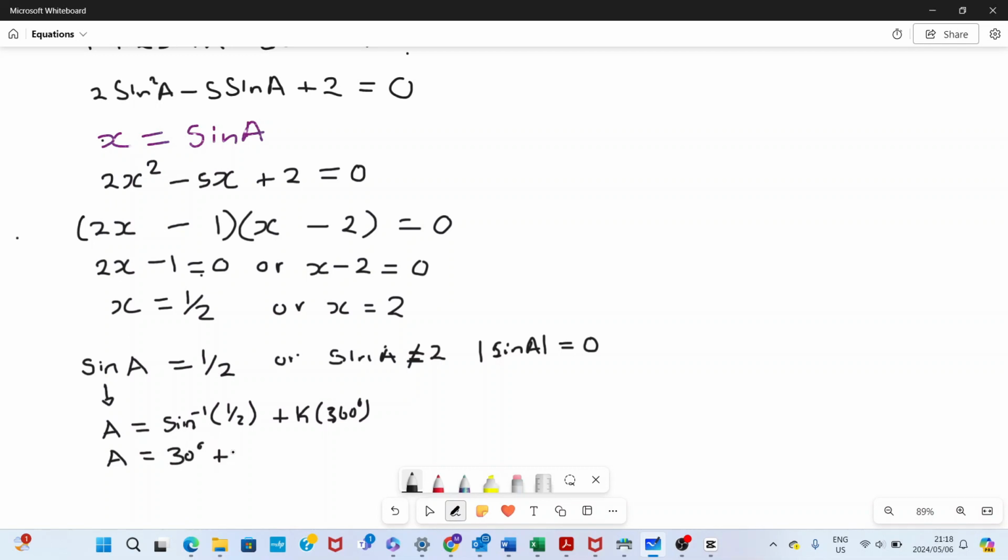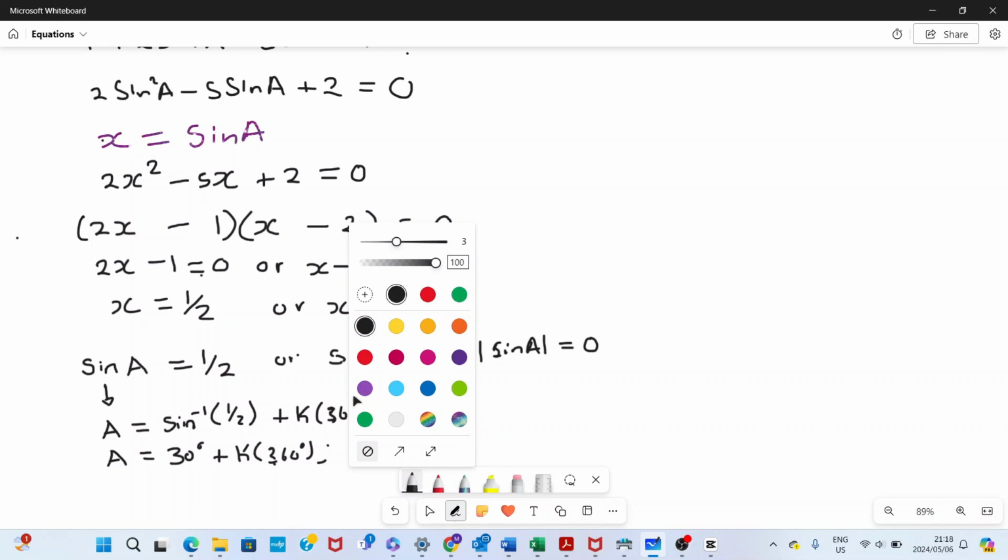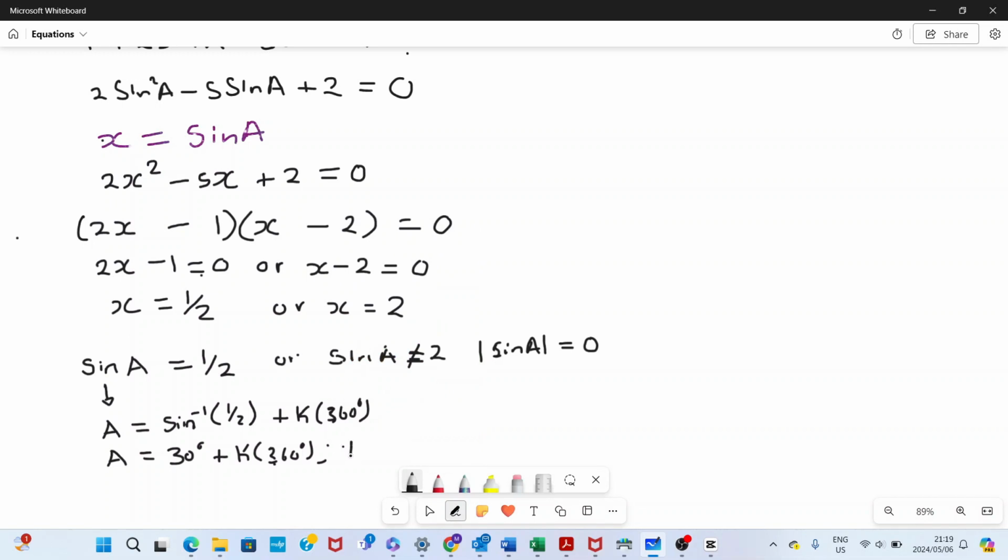So this would be 30 degrees plus K times 360 degrees. You should remember to mention that K is an element of integers. This K that you have added here is an element of integers.